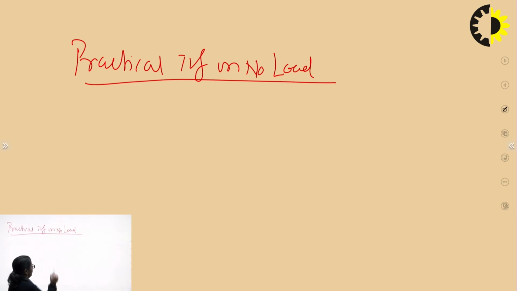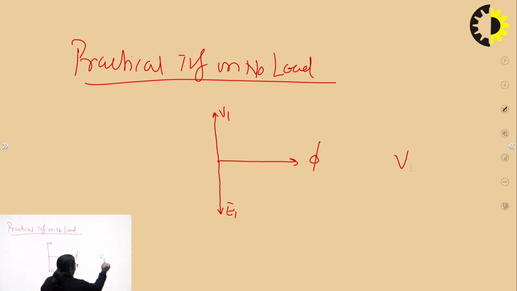Once again we are keeping flux as our reference, and some things remain the same. The primary induced EMF E1 is going to be lagging the flux by 90 degrees. Then the primary supply voltage V1 is going to be in antiphase, as once again V1 equals minus E1.